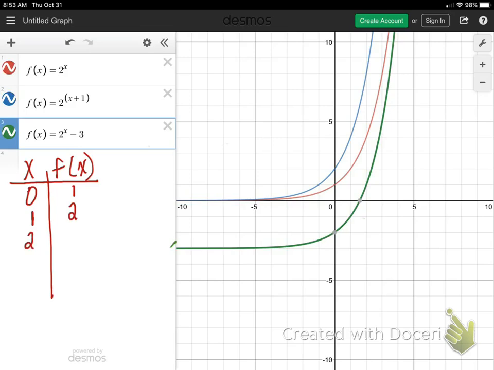What's 2 to the second power? 4. Here is 2 to the 0 power, here is 2 to the first power, here is 2 to the second power. Now I want to plug in negative 1. What is 2 to the negative 1 power? 1/2.